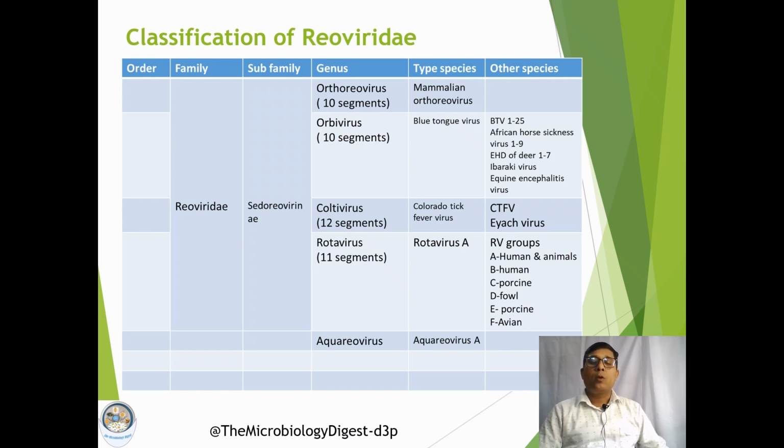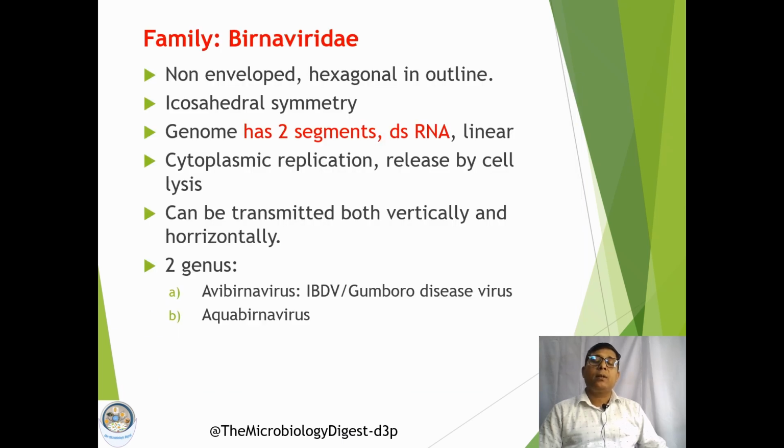Rotavirus has 11 segments. And Aquareovirus is the last genus of the family Reoviridae. Each of the genera has its own type species, and some other viruses are also included under each genus.